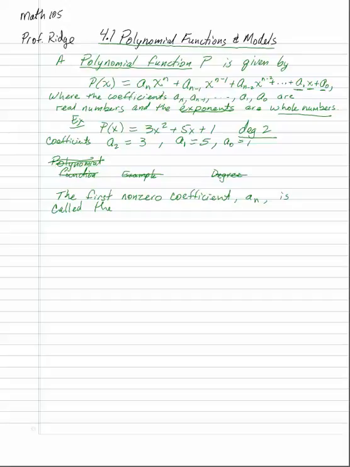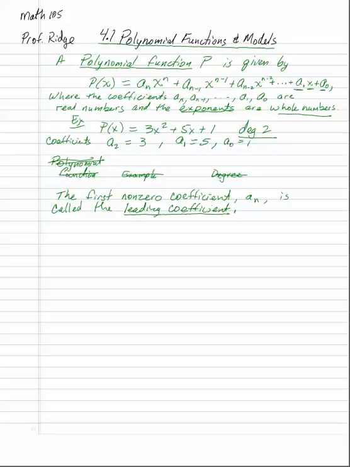Okay, so when we have this polynomial function, we generally write it in descending order, not always, but generally. The first non-zero coefficient, a sub n, is called the leading coefficient. And note, it needs to be put in descending order or thought of that way, whether it's written in descending order or not.